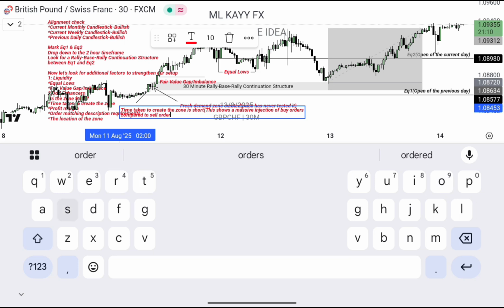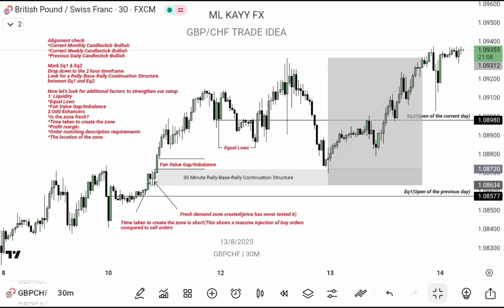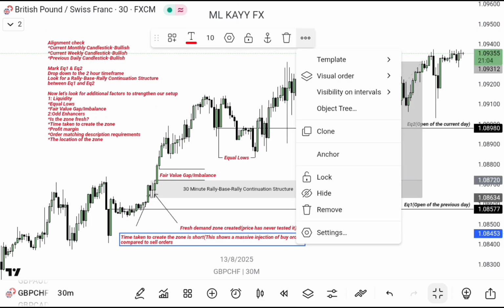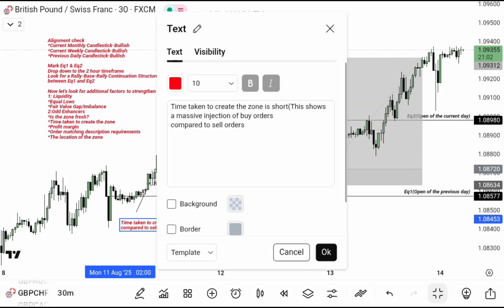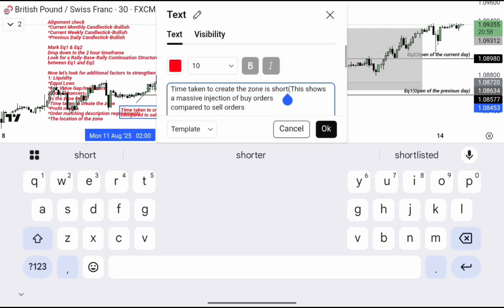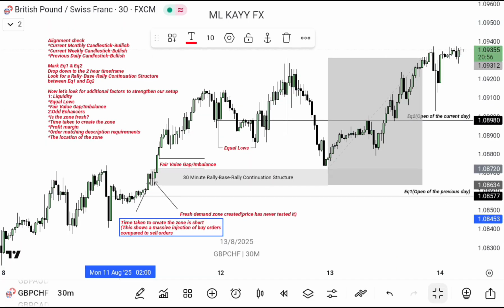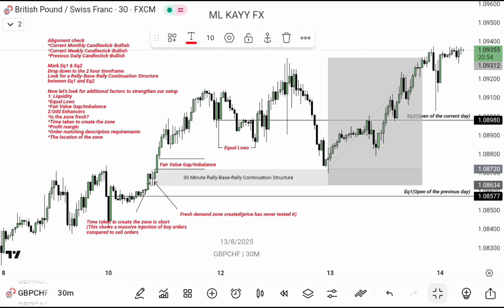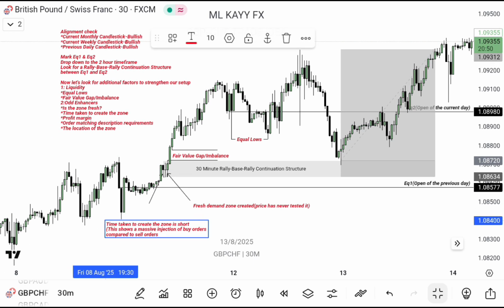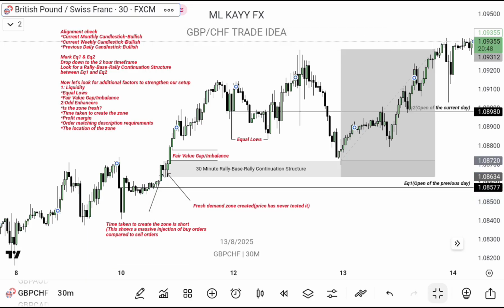We need price to pause for a short amount of time. That's what we consider a brief consolidation. If price pauses for a long time, that's no longer a brief consolidation, but rather a consolidation. And a consolidation is another form of liquidity. So we don't want that around our zone, right?